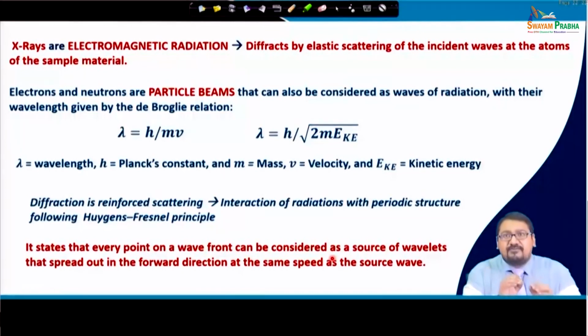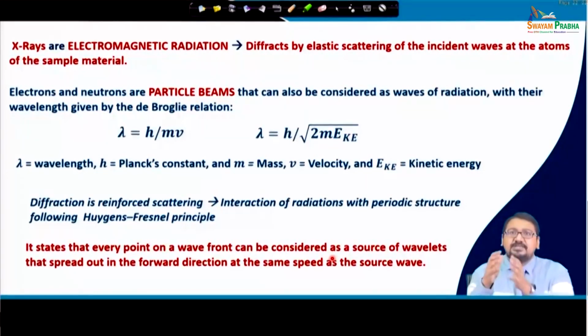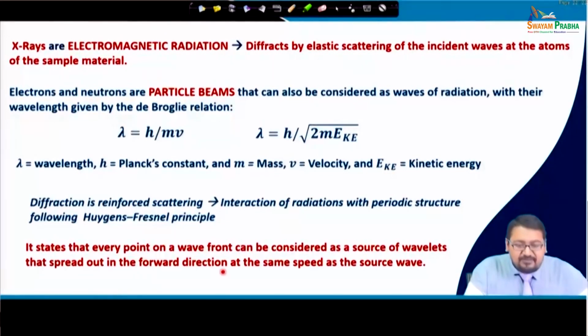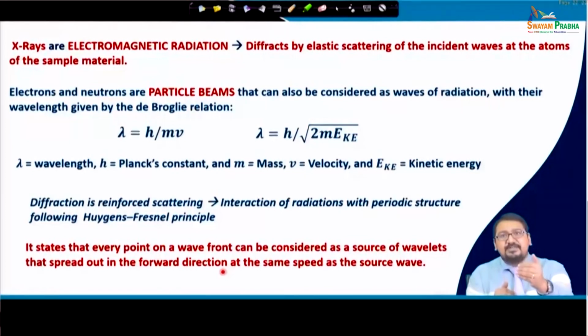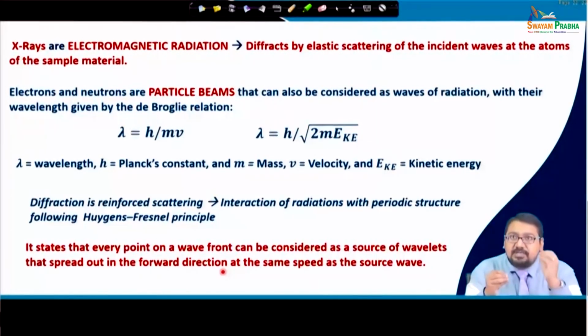Each point of the new wave front can be considered as a source of wavelets that spread out in the forward direction, at the same speed as the initial source wave. That is all.